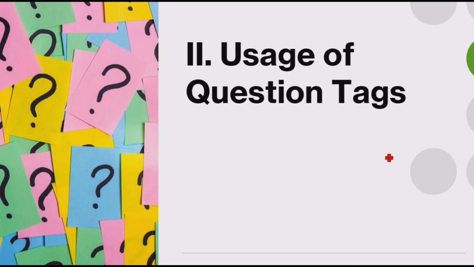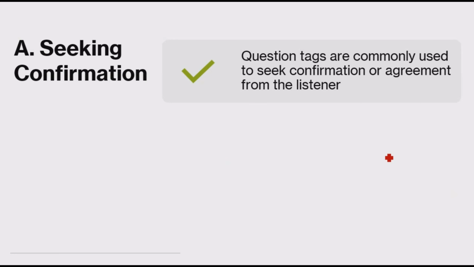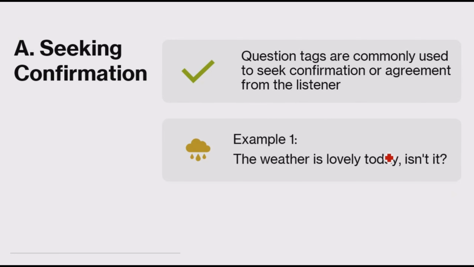Then on the second part, we are looking at the usage of question tags. So how do you use question tags? Question tags, like we said, are used for seeking confirmation. So let us look at an example on how we can seek confirmation. Example 1, the weather is lovely today.